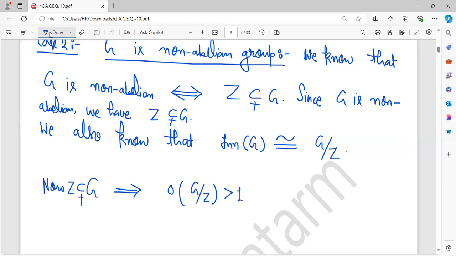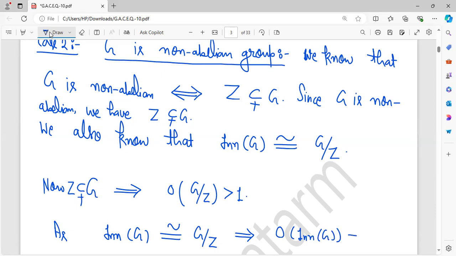Since the inner automorphism group is isomorphic to G/Z, the order of the inner automorphism group of G is equal to the order of G/Z, which is greater than 1.